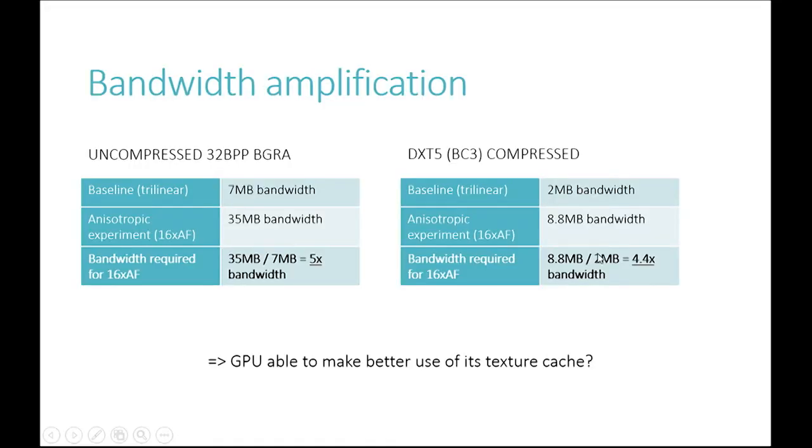So remember that when we were using an uncompressed texture, turning on anisotropic texture filtering cost us 5 times the memory bandwidth. But now that we're using a compressed texture, turning on anisotropic filtering only costs us 4.4 times the memory bandwidth. And you know, this isn't that relevant to our analysis, but I just thought it was interesting that maybe as some kind of a side effect of using the block compressed textures, the GPU might be able to make better use of its texture cache to reduce that bandwidth amplification.